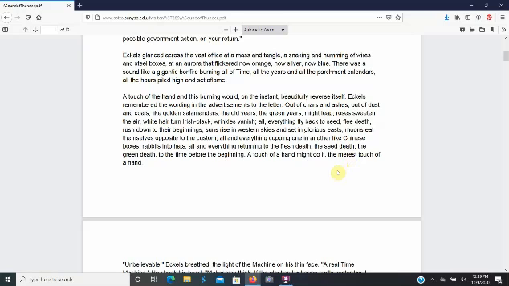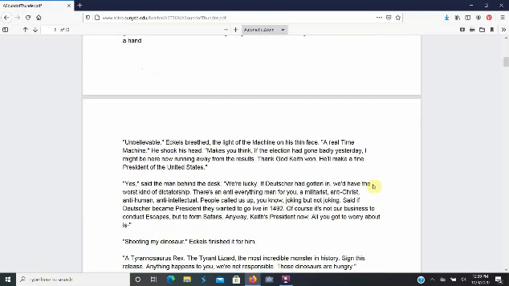Moons eat themselves opposite to the custom, all and everything cupping one in another like Chinese boxes, rabbits into hats, all and everything returning to the fresh death, the seed death, the green death, to the time before the beginning. A touch of a hand might do it, the merest touch of a hand.